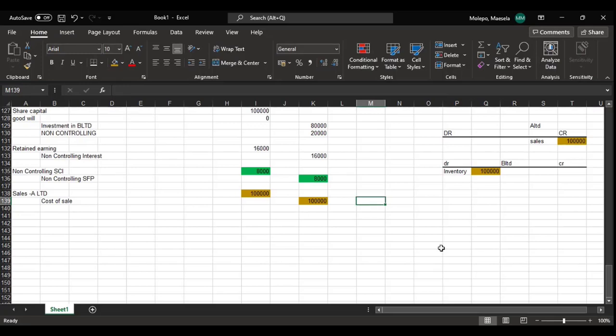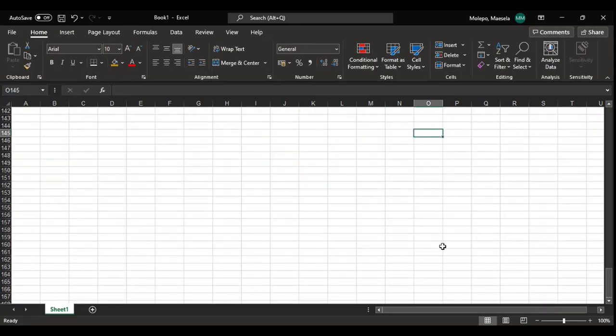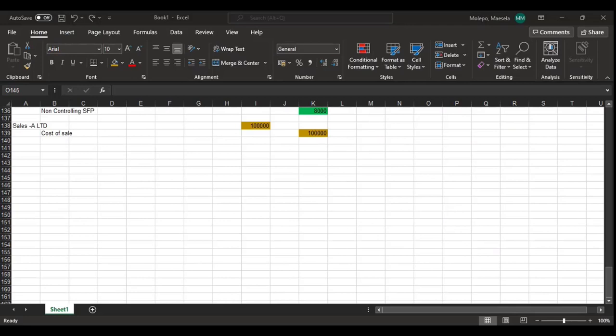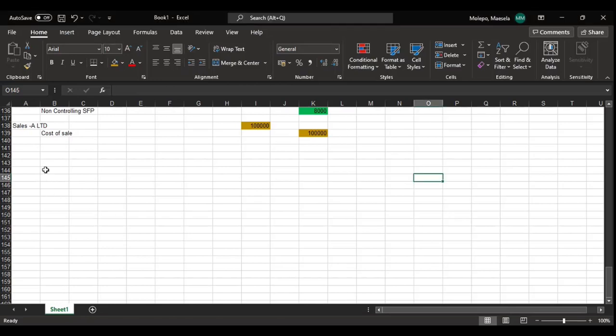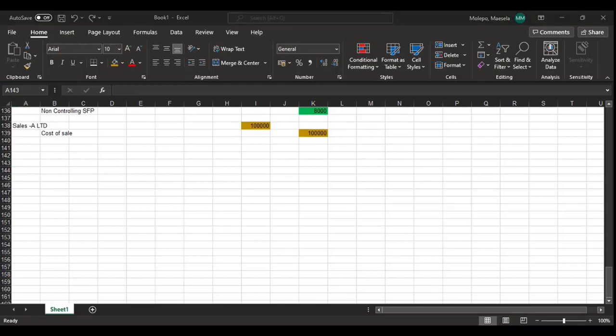Now let's proceed. Now we can go to the statement of changes. Sorry, the statement of profit and loss. So the statement of profit and loss is where now it's going to be complicated because remember, as per the information I show, I said it's going to affect what? The statement of change in equity, the retained earnings.